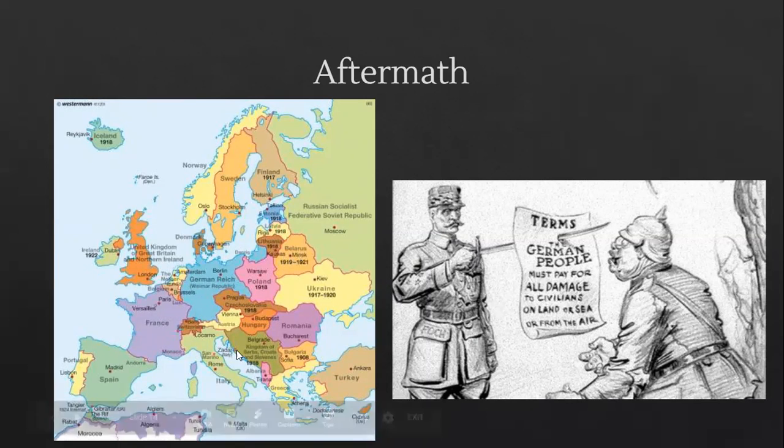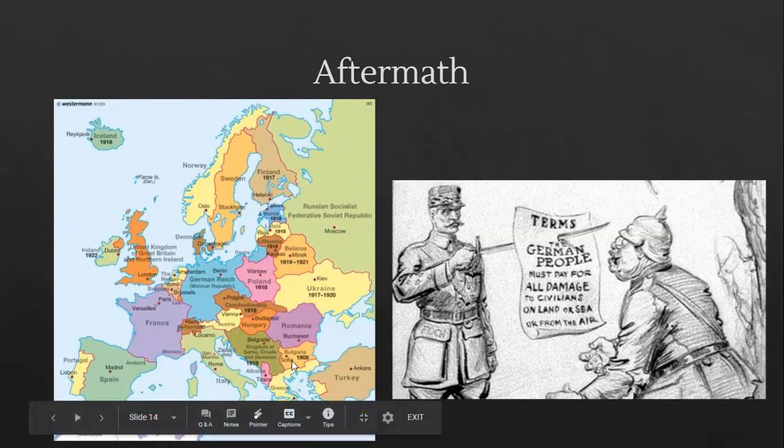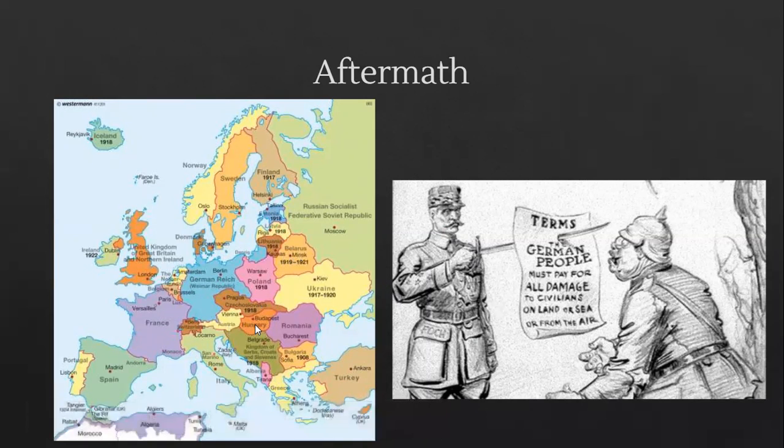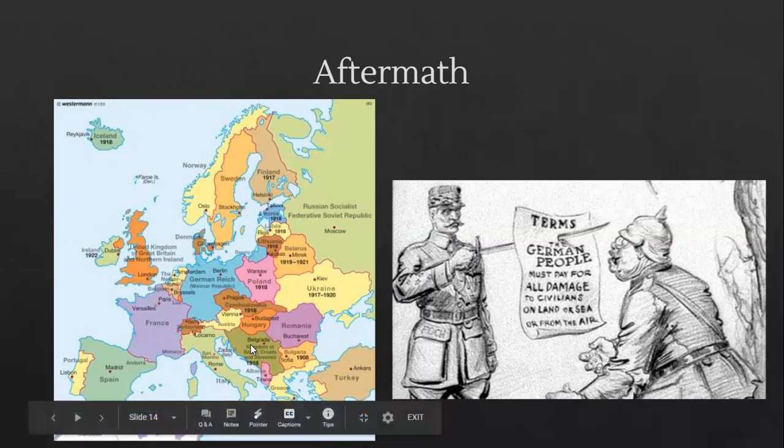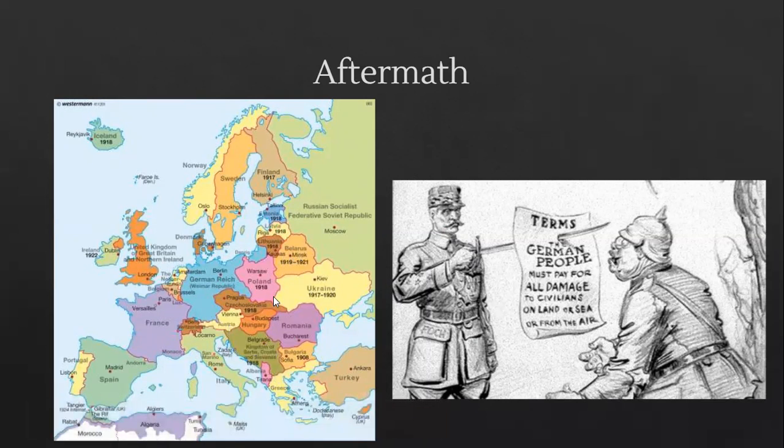Empires were broken up. The Austria-Hungarian Empire was broken up into Czechoslovakia, Austria, Hungary, Romania, right, broken up. The Russian Empire also fell and became the USSR. And it was just an awful, awful war. It was the first time that industrialized nations went to war with each other, meaning that the industries, the factories, the shipyards, right?